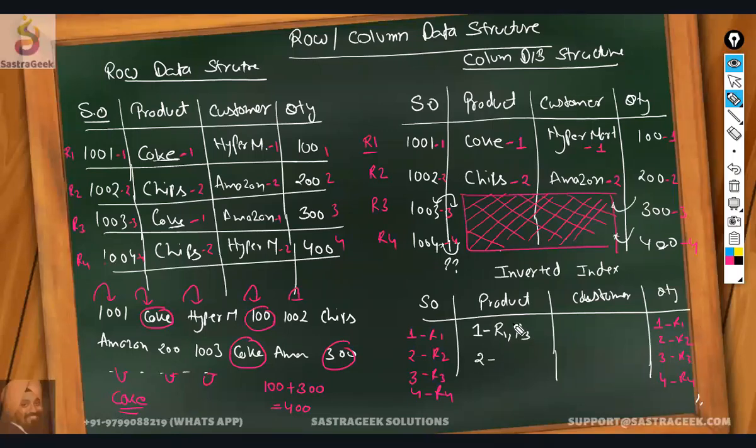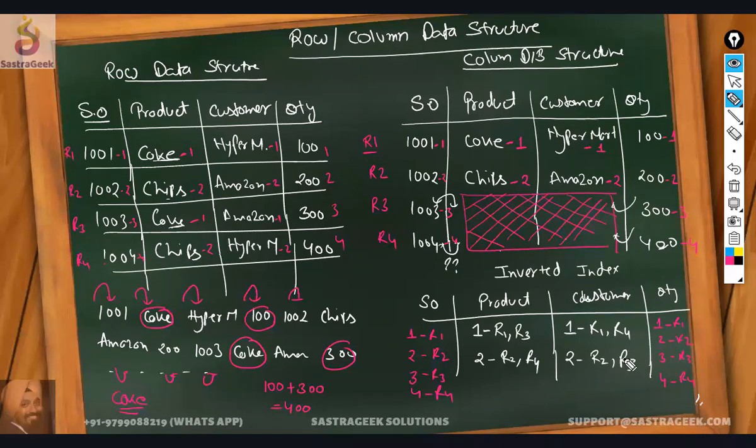Chips is linked with, you will see here, R2 and R4. Customer, Hypermart 1, is linked with 1 and 4. You can see from here, Hypermart is linked with R1 and R4. Your Amazon is linked with R2 and R3.